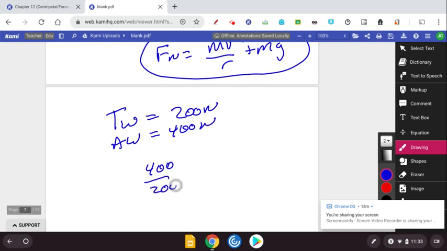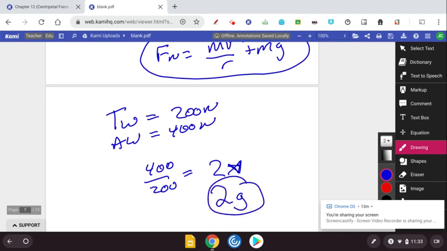So you are two times as heavy, and so that would be described as having twice the gravitational pull, or 2 G's.